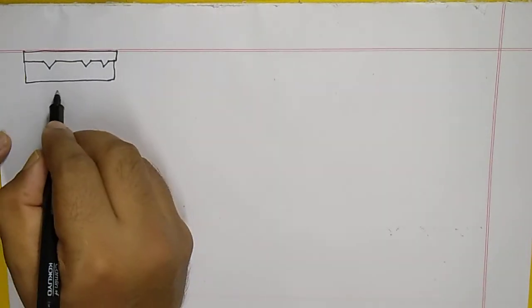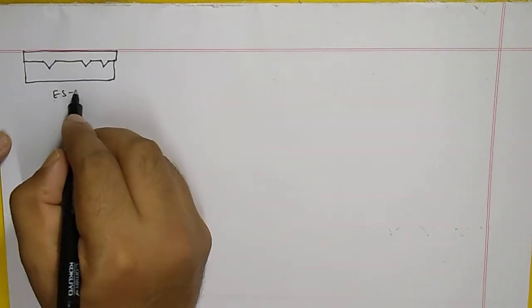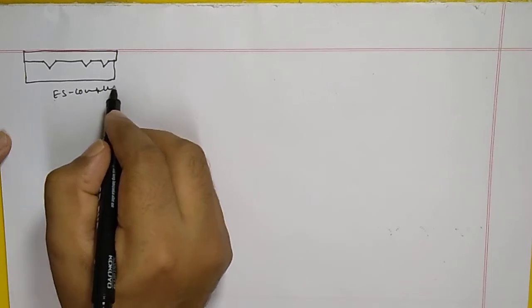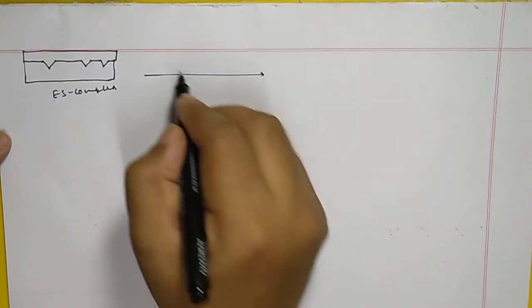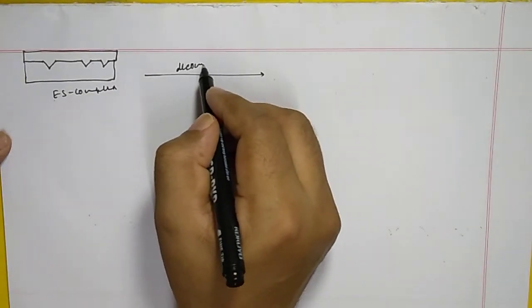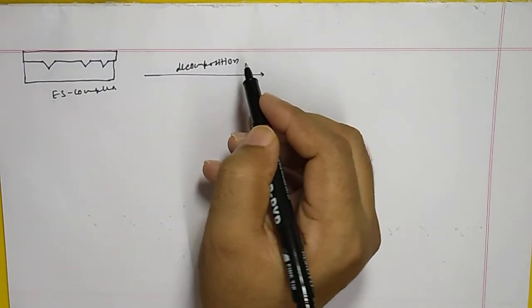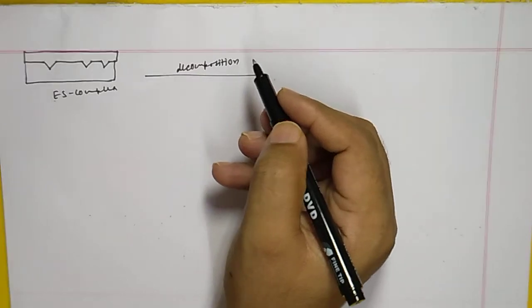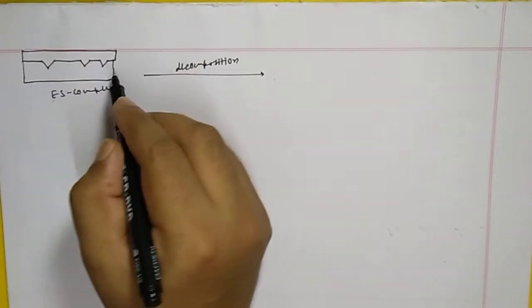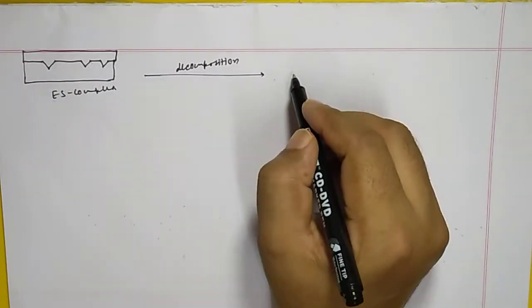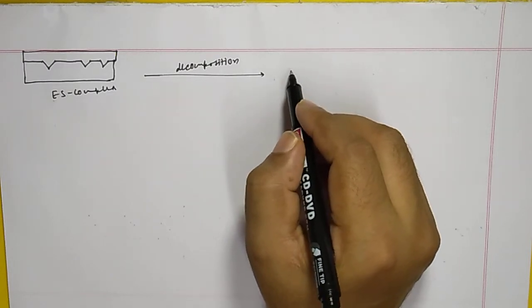This was the enzyme substrate complex, and this complex undergoes decomposition in the next step, forming 3 products. Three cavities are there, so according to the cavities they will form.